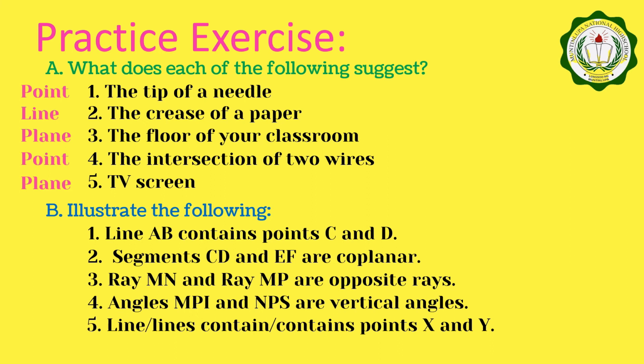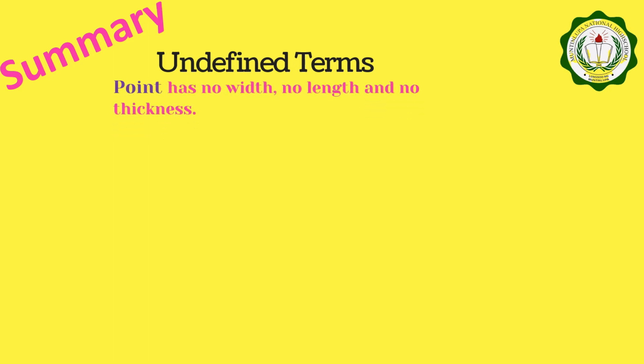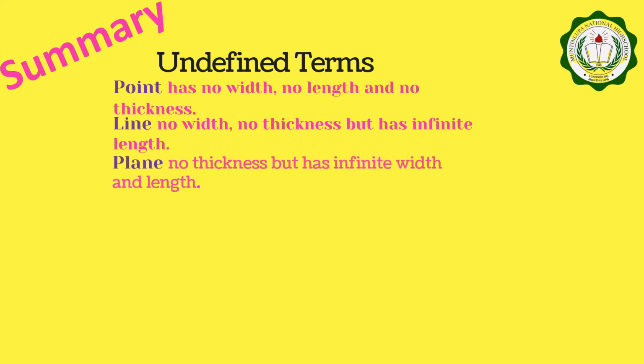Okay, let's summarize now what we have learned. We have learned the undefined terms. Under these undefined terms are points, lines, and planes. We are able to describe that a point has no width, no length, and no thickness.